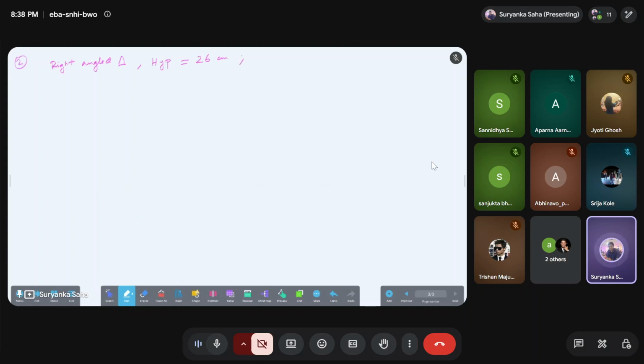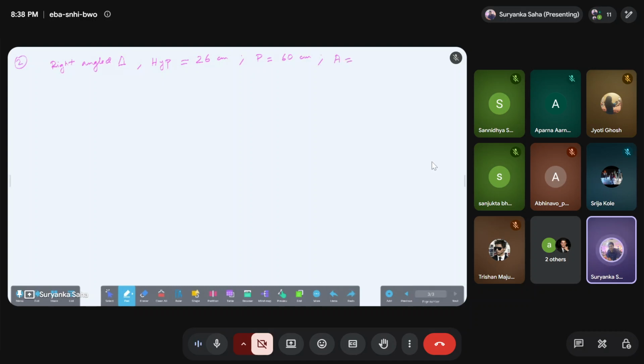Next information: the perimeter is 60 centimeter. Hypotenuse is 26, perimeter is 60 centimeter. Find the area.